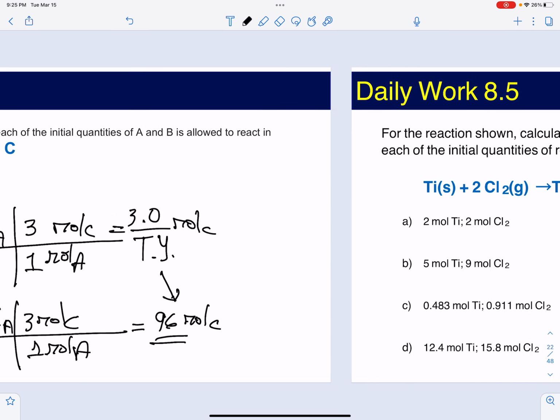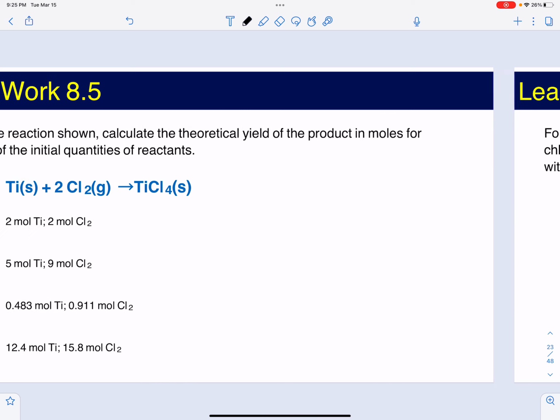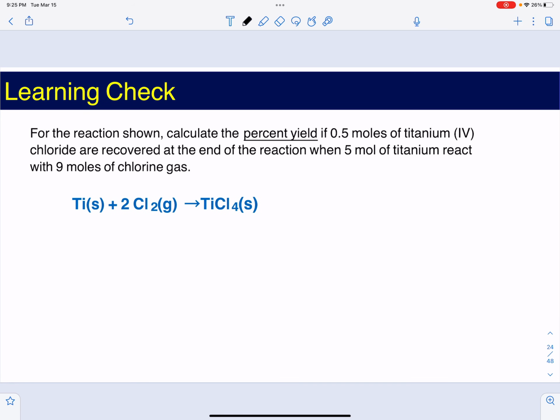So with that in mind, now you should be able to do this daily work. And once you're done with that, we're going to go to the last part. We're going to find the percent yield.